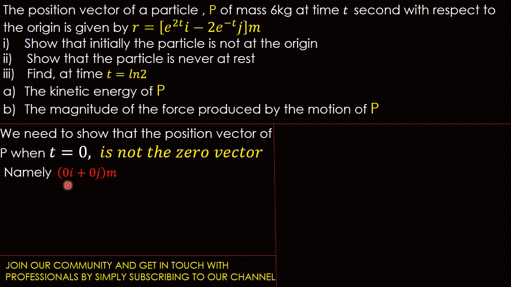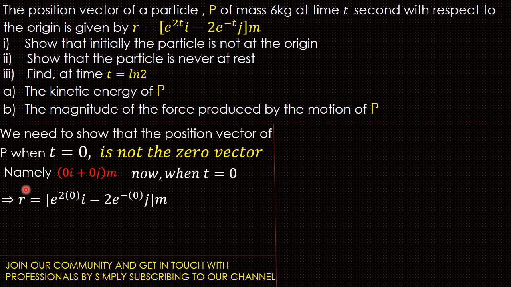When t is equal to 0, we simply substitute 0 into the position vector. We have r equals e to the power 2t, with t being 0, i minus 2 e to the power negative t, which is 0, j. If we simplify, keep in mind that 2 times 0 is 0 and e to the power 0 is 1.